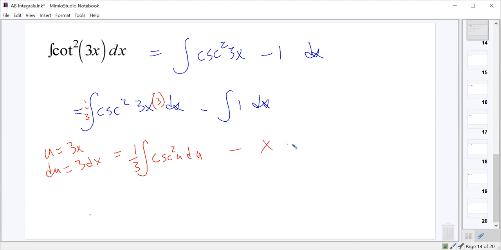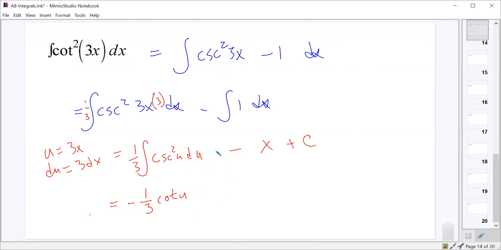Just x plus some constant. Everybody good with that? Okay, and what's the integral of cosecant squared? Cotangent. Almost. Negative cotangent. So we have negative 1/3 cotangent u plus some constant.